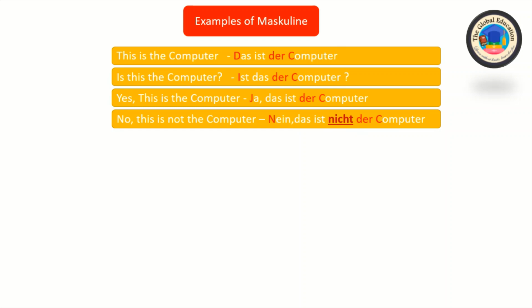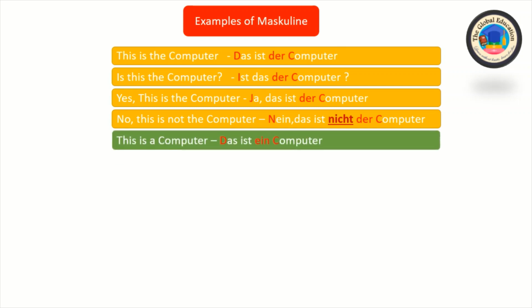No, this is not the computer. Nein, das ist nicht der Computer. So here we see computer has the article der. So we use the article der, and computer is an object, so C is always a capital letter.